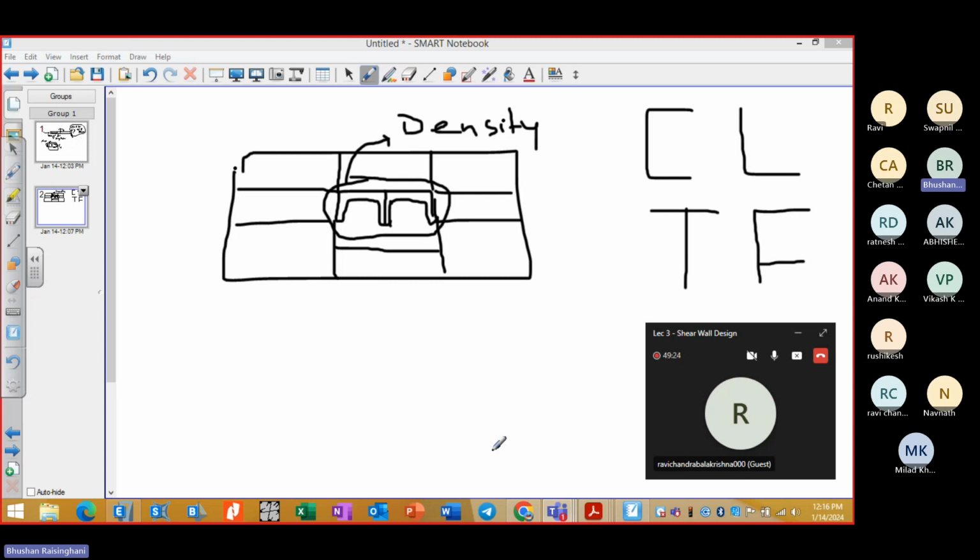Otherwise, you can include the core wall in which the lift well as well as the staircase are protected in one particular arrangement. So you can reduce the vulnerability of the staircases to earthquake, because during the earthquake we cannot use the lift. So there is only one way out, that is the staircases and the fire exit. So people may use the fire exit or the routine staircase during the earthquake. So that should be protected with shear walls on three sides.